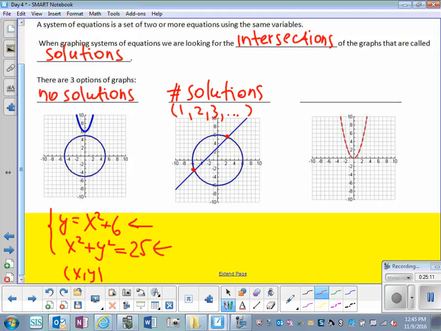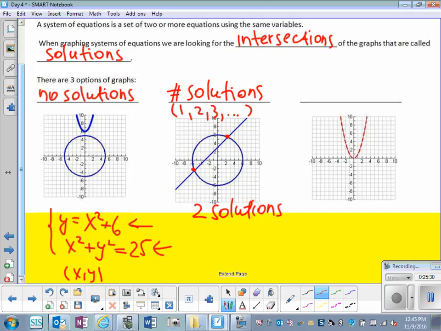For this particular one, we have exactly 2 solutions. But if, for example, I have 2 lines that intersect, there will be just 1 solution. And if my graph is some kind of weird shape, I can have many solutions.